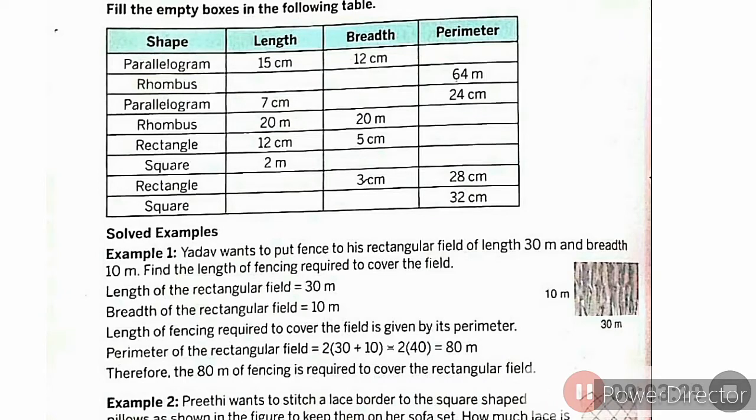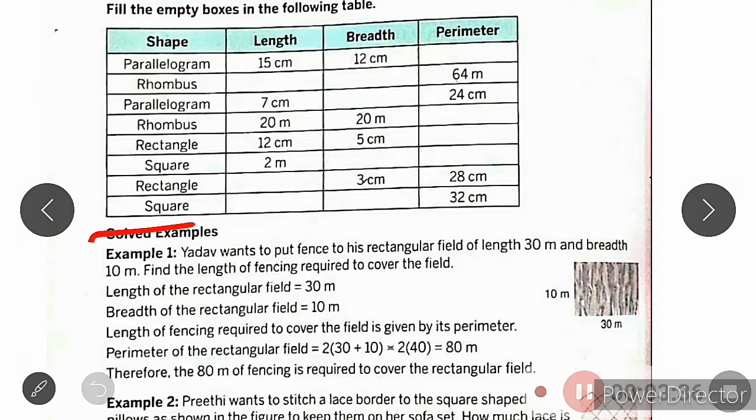And down again we have some solved examples. Before starting your exercises, you should always take a look at them, because they are very helpful in your exercise. The first example is based on the formula of a rectangle. The second example is based on the square.